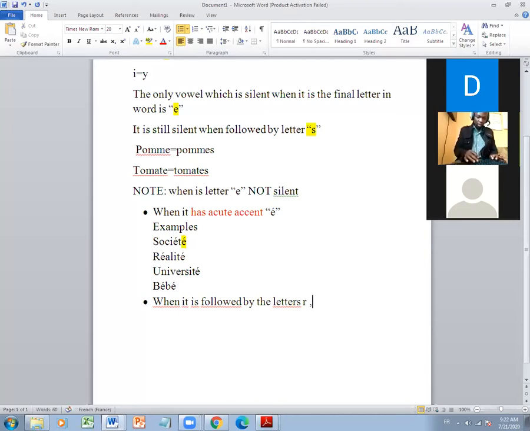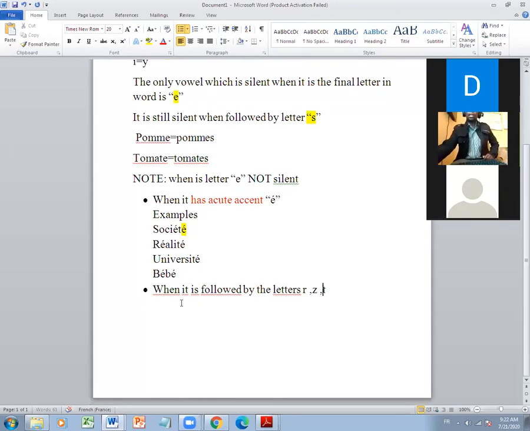Z, R, Z, and T. So those three letters, whenever they come after letter E, then the E is pronounced, okay?